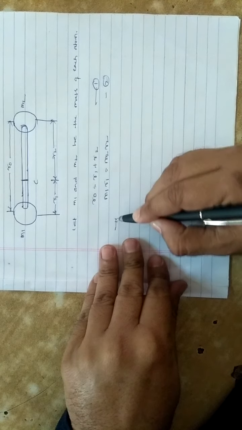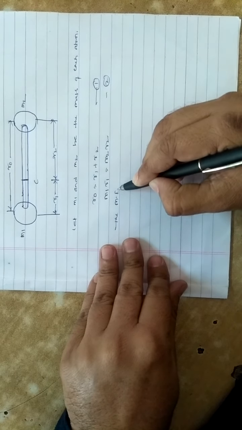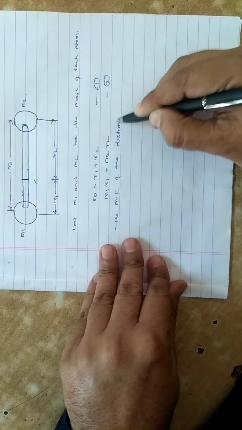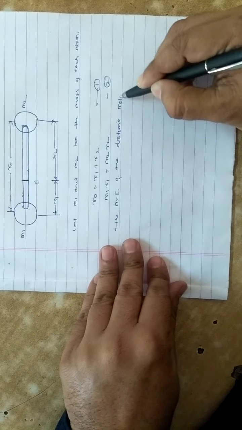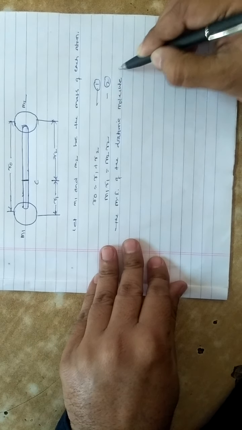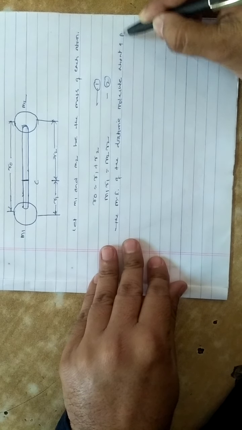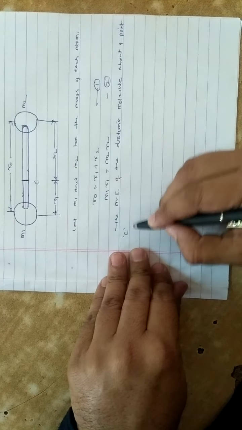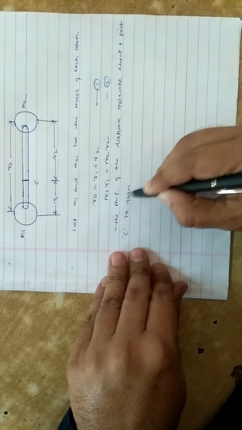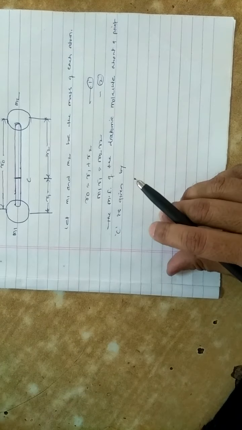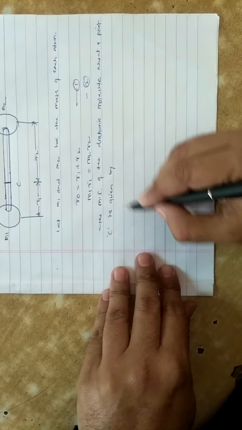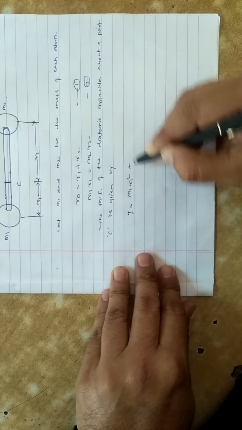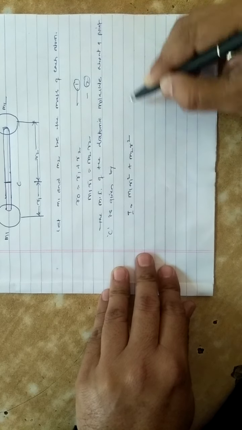The moment of inertia, MI, of the diatomic molecule about point C, the center of gravity, is given by I is equal to M1 R1 square plus M2 R2 square.